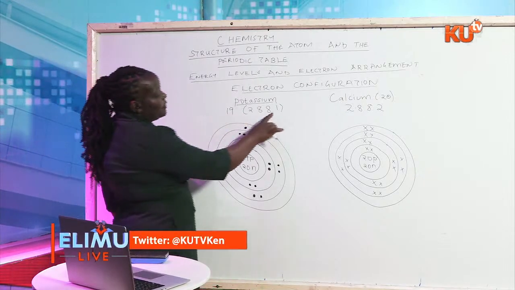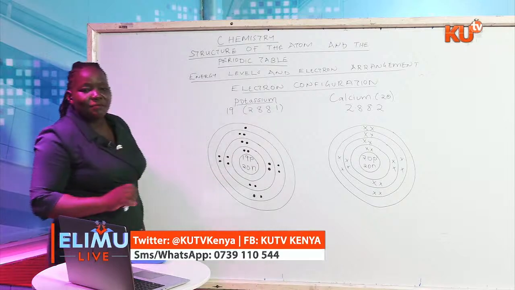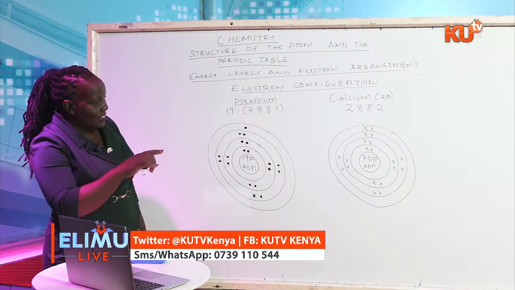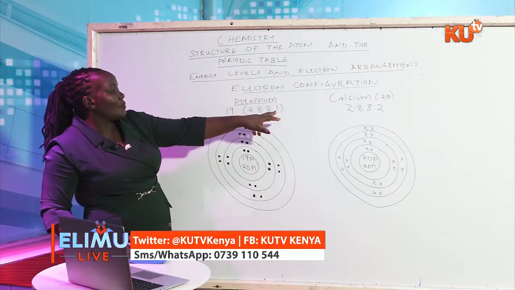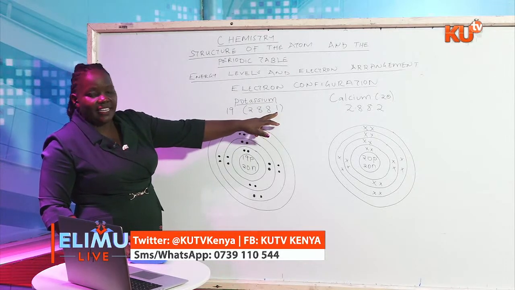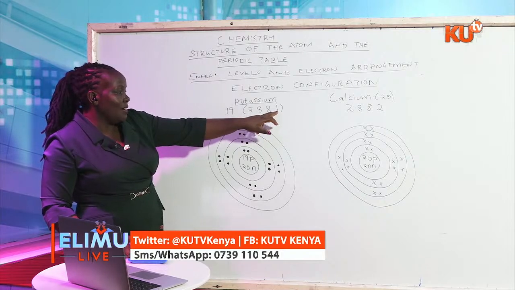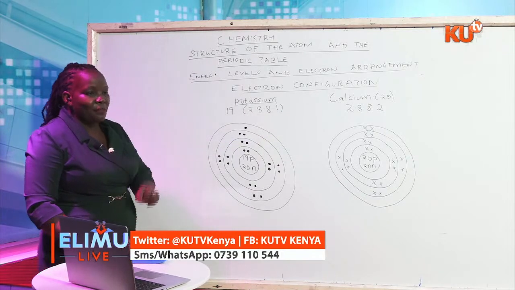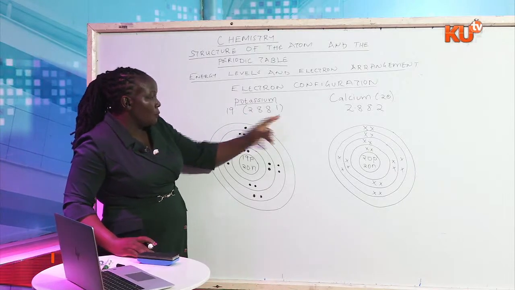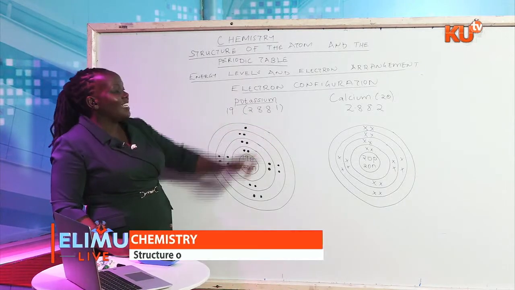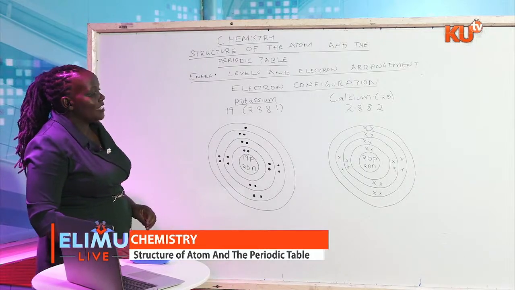Then there's something very important that we need to note: the number of electrons in the outer, the last occupied energy level. For potassium, we have only 1 electron. So a very important piece of information is that we have 4 energy levels for potassium, and 1 electron in the outermost energy level.